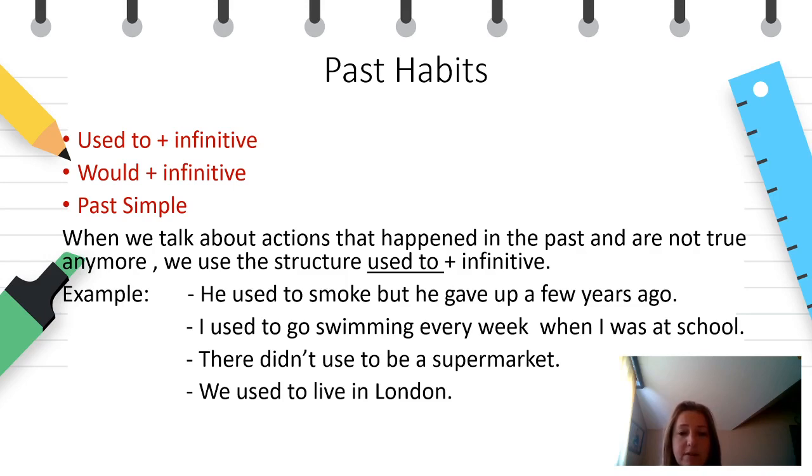Let's look at the examples. He used to smoke, but he gave up a few years ago. I used to go swimming every week when I was at school. There didn't used to be a supermarket, and we used to live in London.